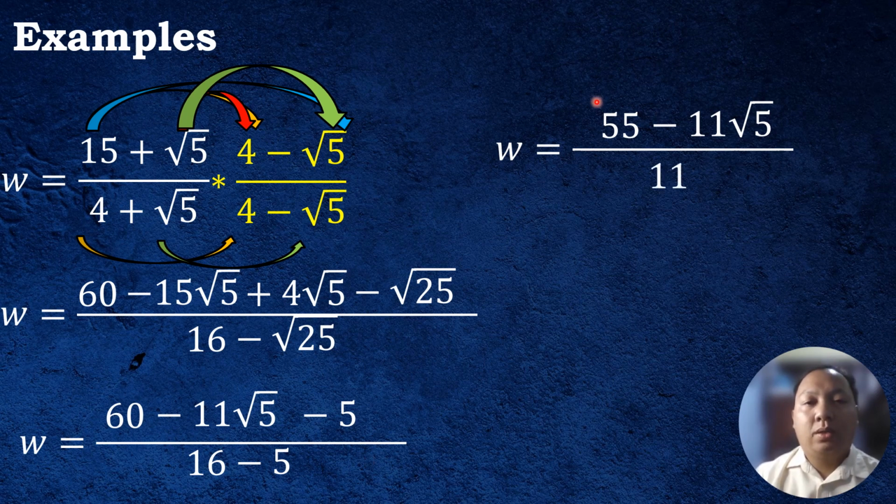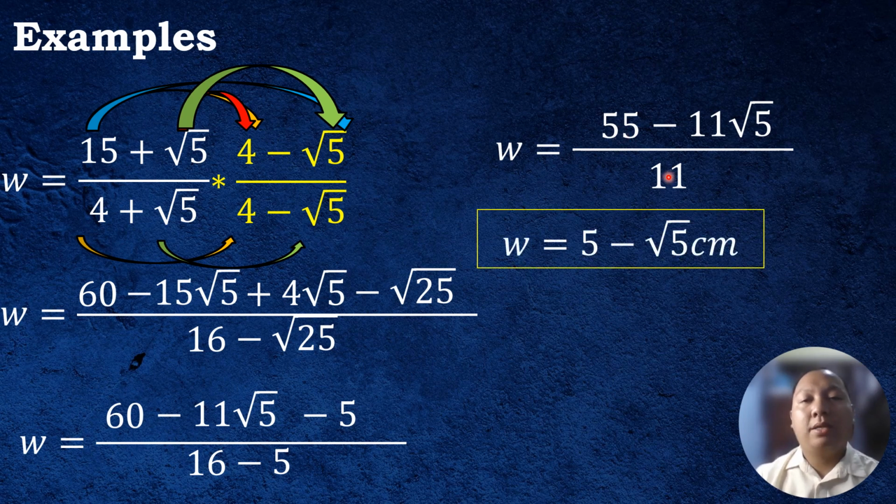Now, to get our width, since yung 55 at negative 11 ay parehong divisible by 11, pwede natin silang ipag-divide. So, our width will be 5 minus square root of 5 cm.